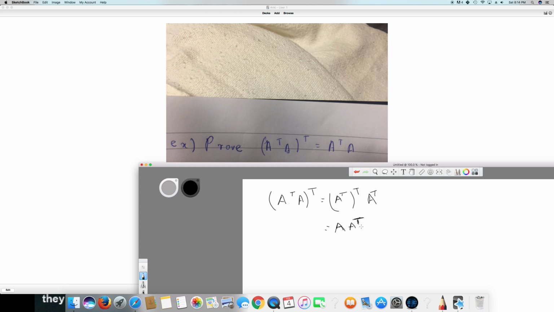You can try it if you want. Therefore we can say that this is equal to A times A transpose times A. Therefore we found that this is equal to this. That's our question. So let's go to the next question.